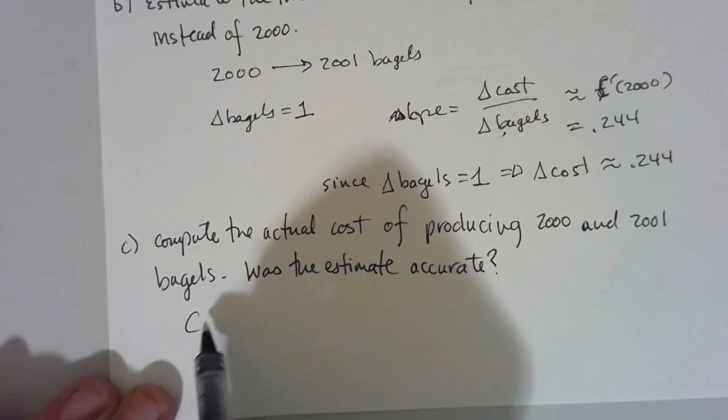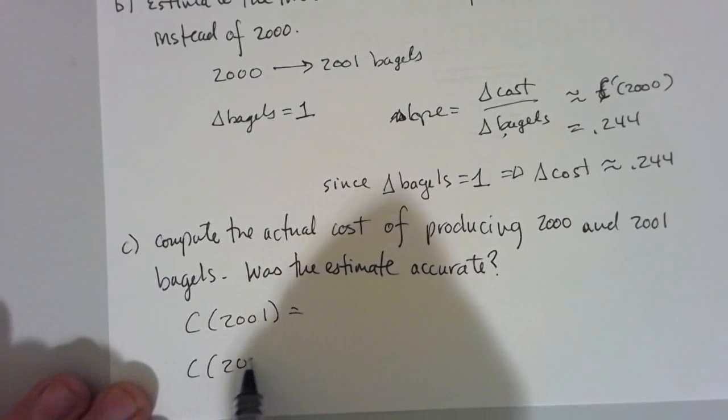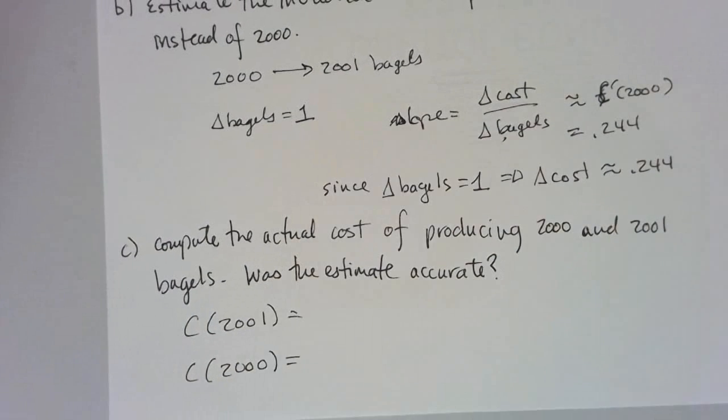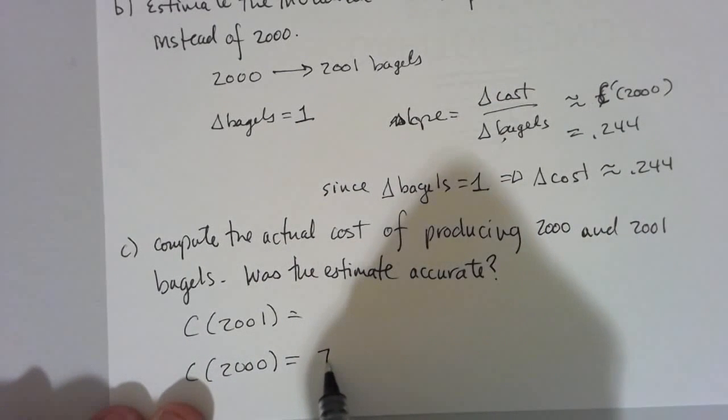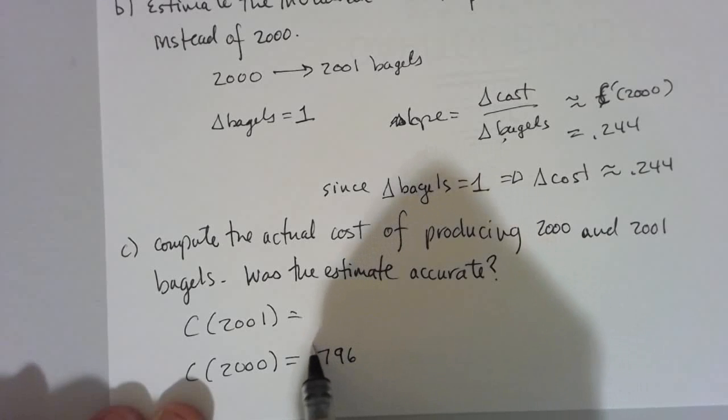So I would have to compare C of 2000 and C of 2001. And I've done that ahead of time. C of 2000, the cost to produce 2,000 bagels, is $796.